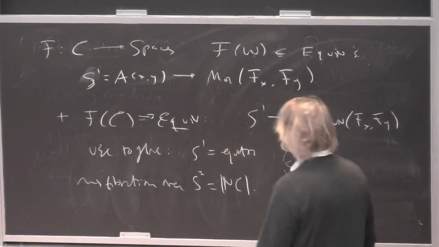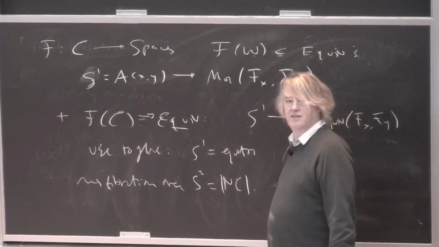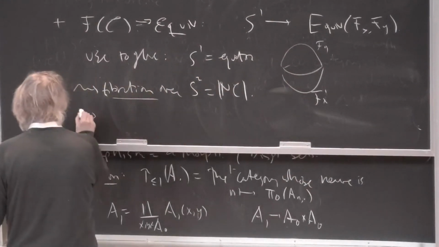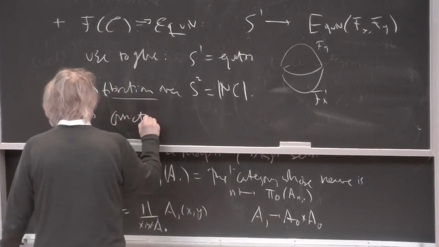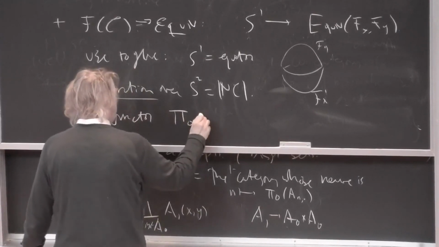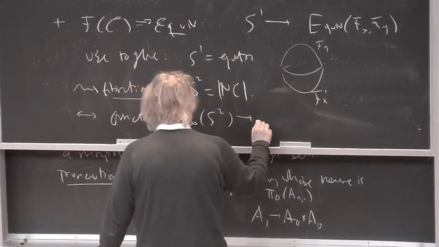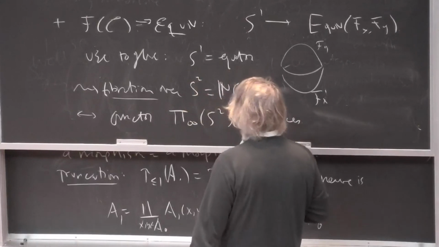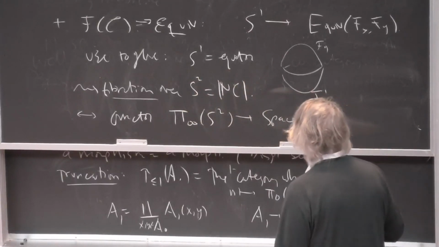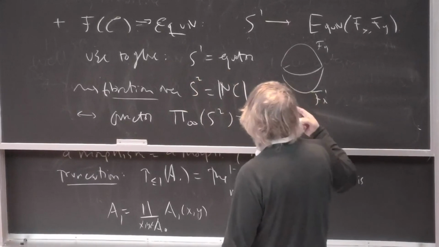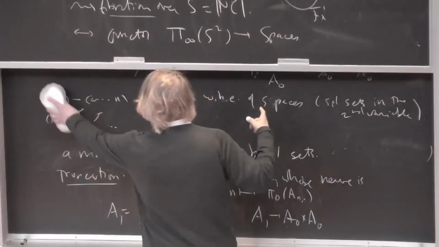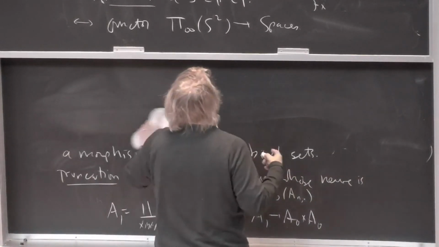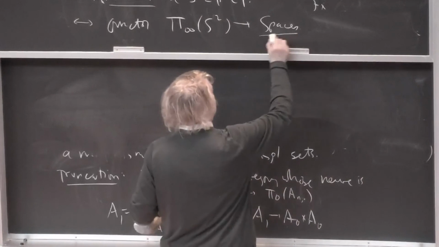So my slogan for the day was that a fibration over a space is the same thing as a functor from the Poincare infinity groupoid of the space into spaces. As I said, this is not a proof. Here we have a functor, but sorry, this should be the infinity category.